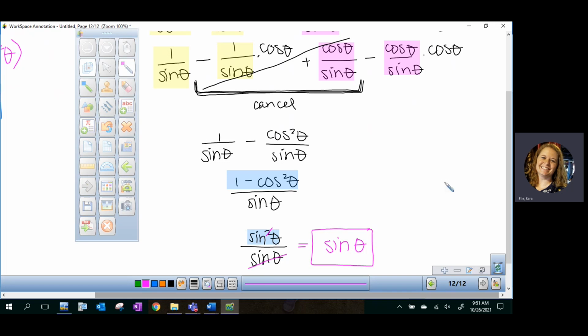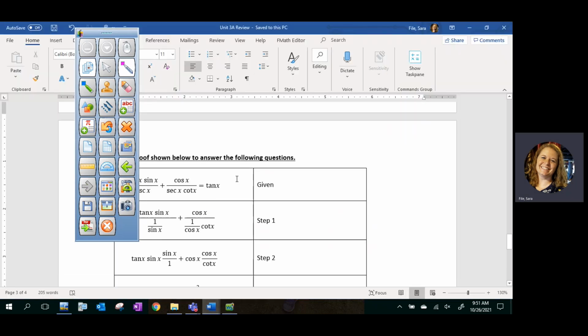And like the first 4 as well, where you're given a value of one or two of the trig functions, and you have to find others still using identities. So if you need help with that front page, you can watch that other video, the first video. All right, but let's go ahead and look at the last page.